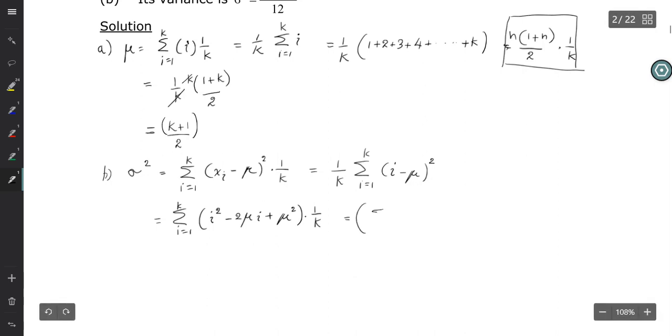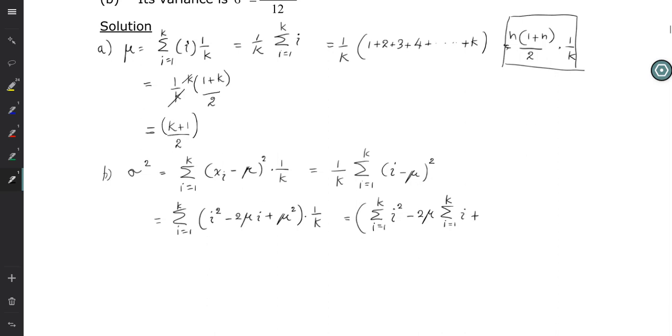So you end up with summation i going from 1 to k i square, that's the first one, minus 2 times mu, this is constant, independent of i going from 1 to k, this i, plus mu is again constant. If you add mu k times, you'll end up with k times mu square. And you have 1 over k outside.